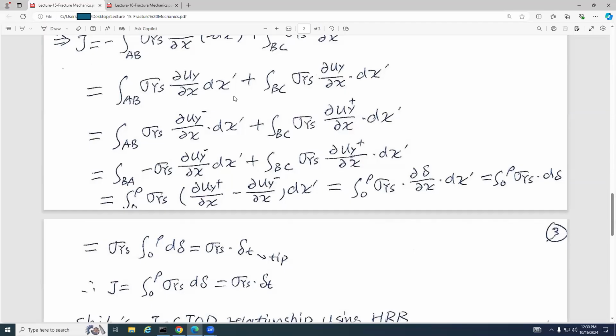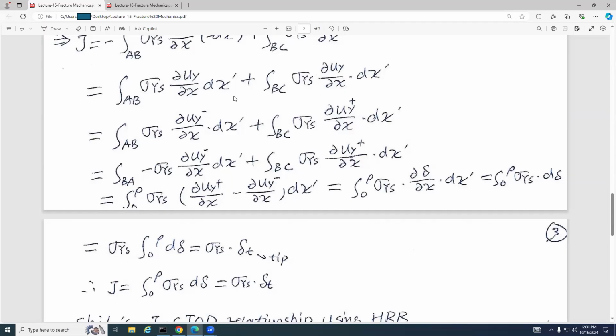Okay, now this is dx. These are both of the dx. Now I can put these two guys together, sigma ys and d. So the two terms within these parentheses, we can rewrite them as d of uy plus minus uy minus, and dx. You guys agree?